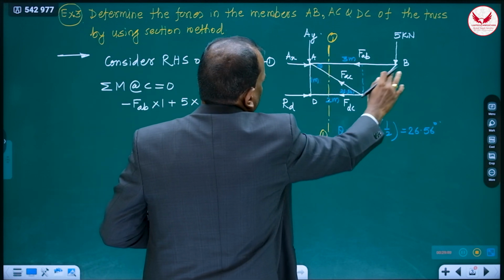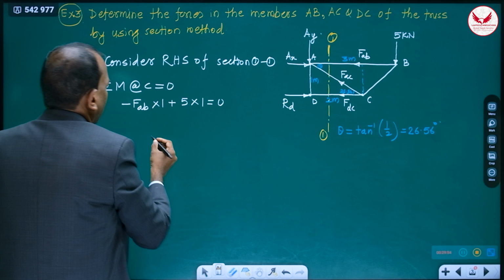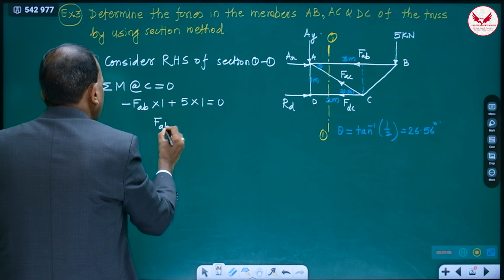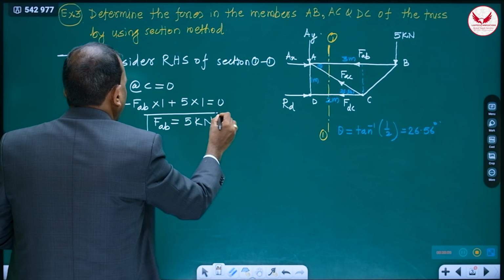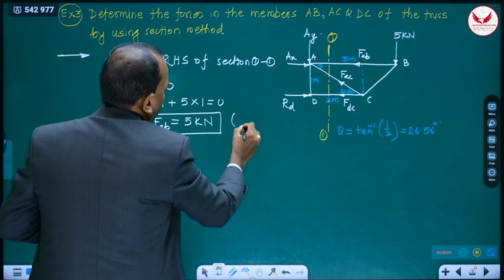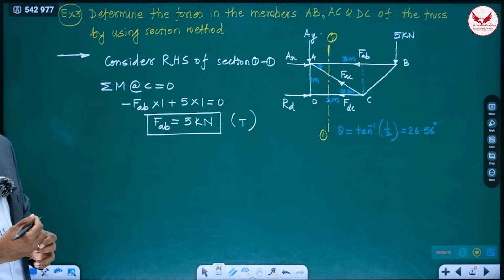So this total is 3, means 3 minus 2, it is going to be 1, its moment is 1. Hence, no need of calculator also. FAB is equal to 5 kilonewton. And here, if we are getting the positive answer, our assumed direction is right. It is tensile.